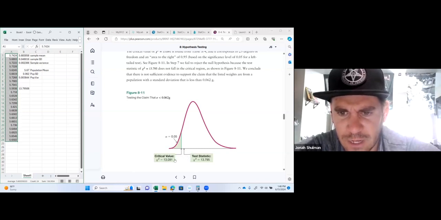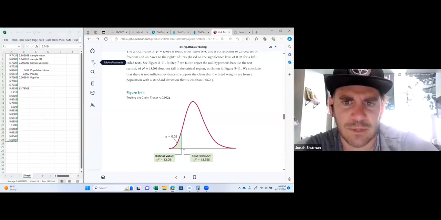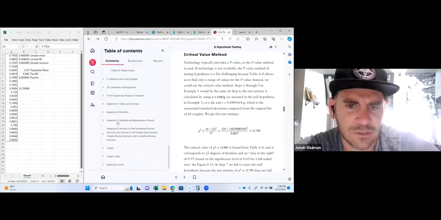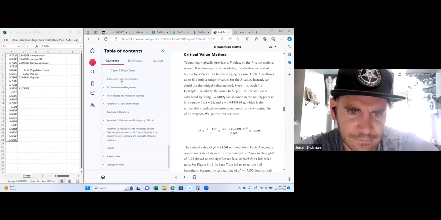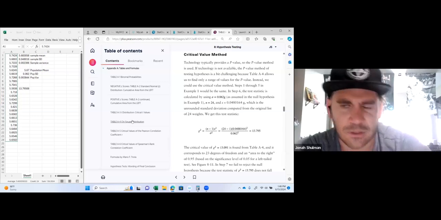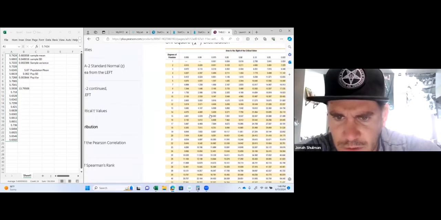Sorry, they say the critical value is 13.091. Let's make sure that's true. My bad, 13.091. I want to do the critical value first. Let's go to the chart, which is tables and formulas. All right, they say it's 13.091. Let's actually see what this is supposed to be.